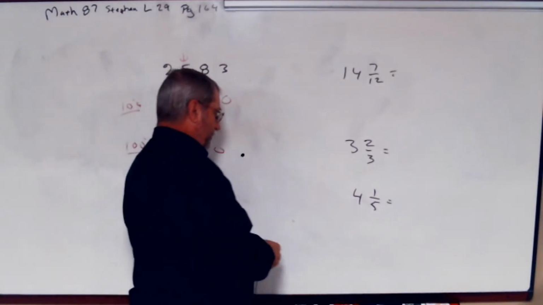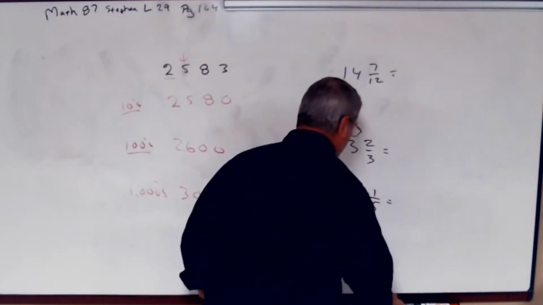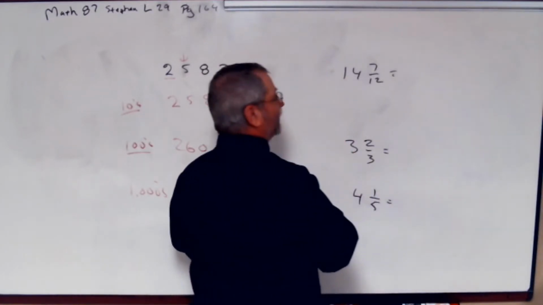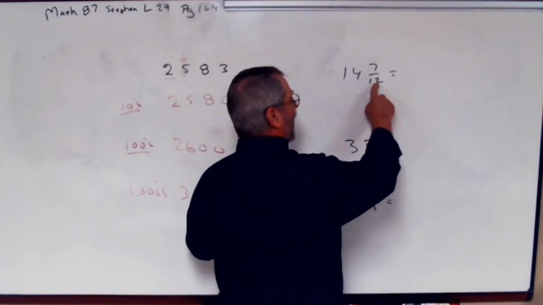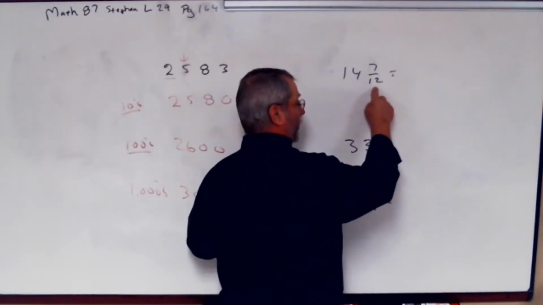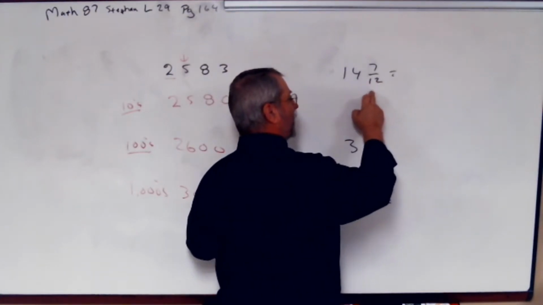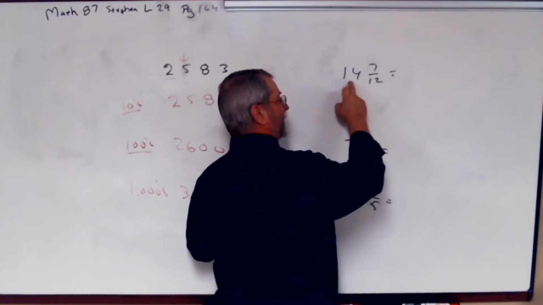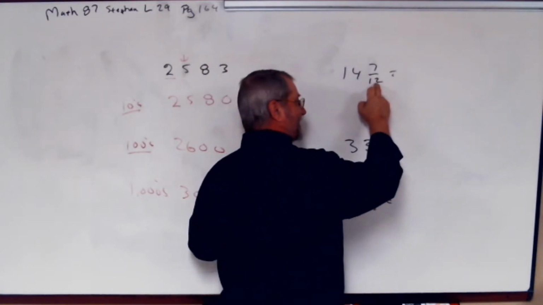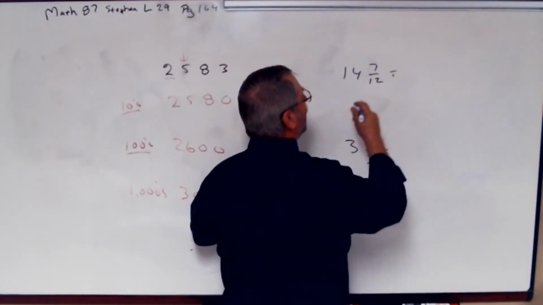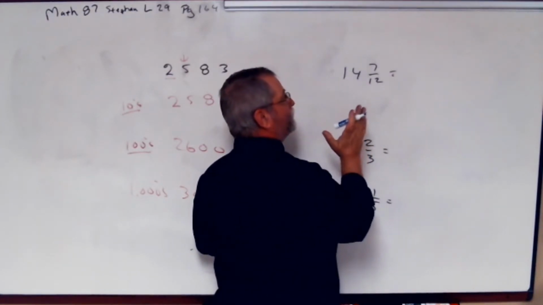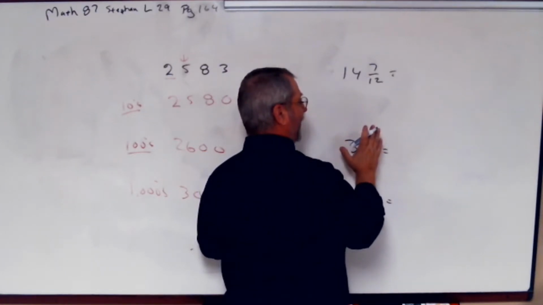Now over here, we're going to round off mixed numbers, fractions. So what you want to ask yourself is the same thing. Is this fraction half or more? If this is half or more, that just goes up 1. If this is less than half, that just drops off. 7/12 is more than half. 6/12 is half.